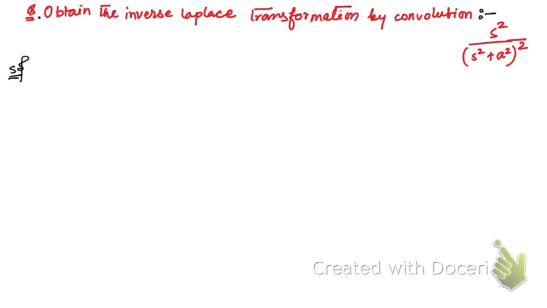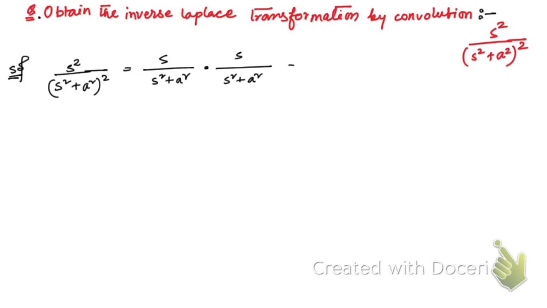Now let us solve it. The given function s square by s square plus a square whole square can be written this way: s by s square plus a square into s by s square plus a square. Let us take the first one as capital F1 of s and the second one as capital F2 of s, as a product.